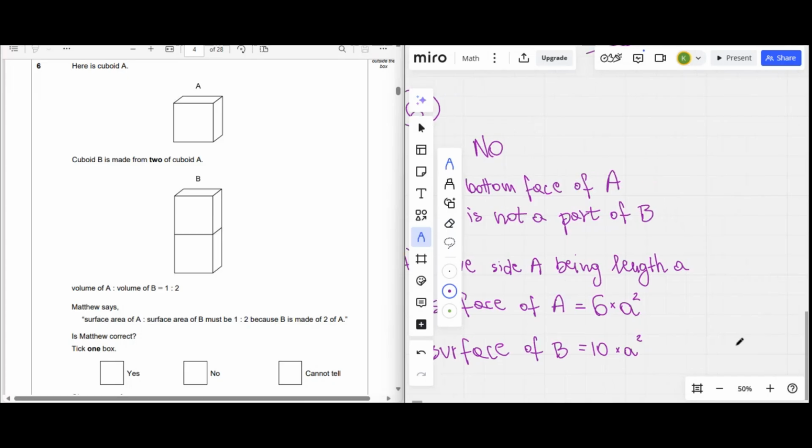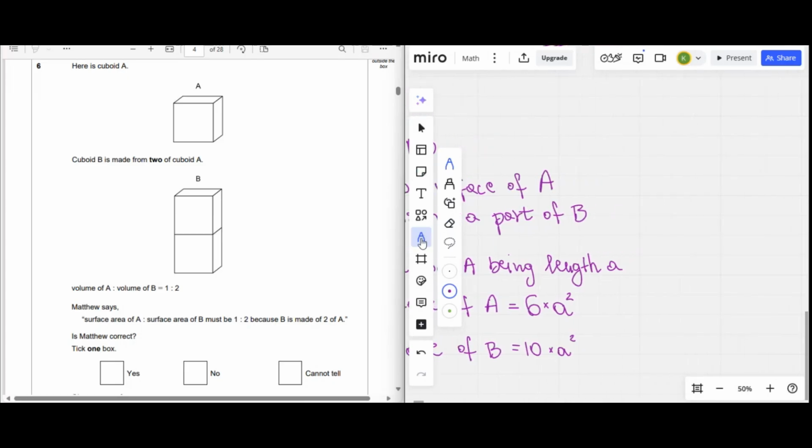So we can try now to work out the ratio of surface of A to the surface of B, and we can put that as a fraction because the ratio and the division, that sign is a division, and the fraction line is a division as well.